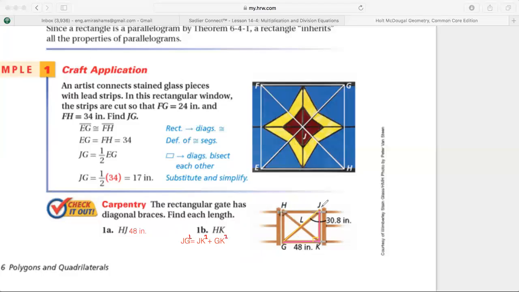So I have JK, which is 30.8, plus 48, all of them squared. When I get this number squared and this number squared, I take the square root of them to get JG.